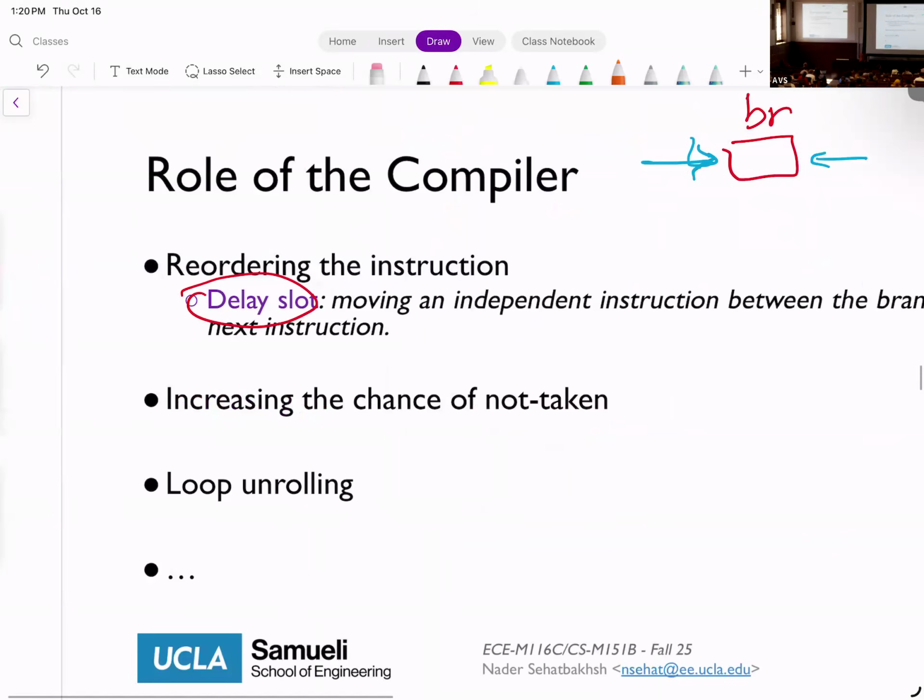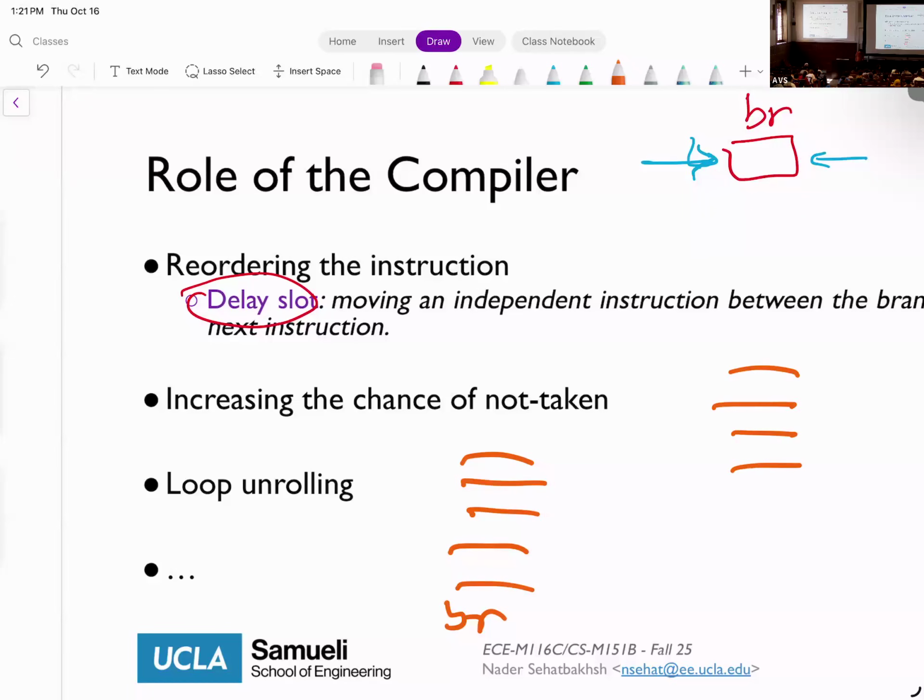Okay, last thing is that the compiler can do this thing called loop unrolling. Loop unrolling means that I can somehow reduce my branches, right? So for example, consider a for loop where I have a branch here and I jump back here. What I can do is copy this code twice or multiple times, and I can reduce this branch, right?